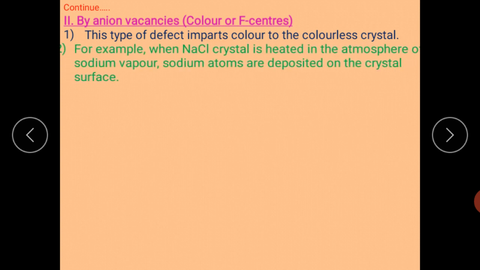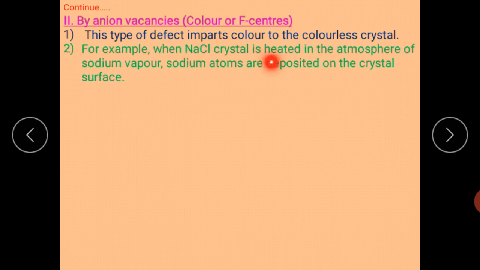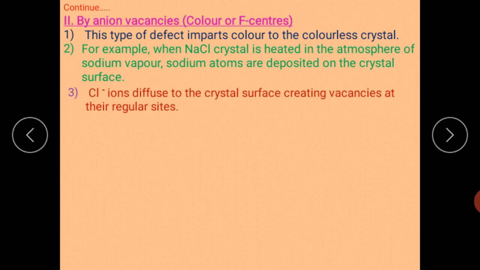For example, when an NaCl crystal is heated in the atmosphere of sodium vapor, the sodium atoms are deposited on the crystal surface. Then its color may be yellow.